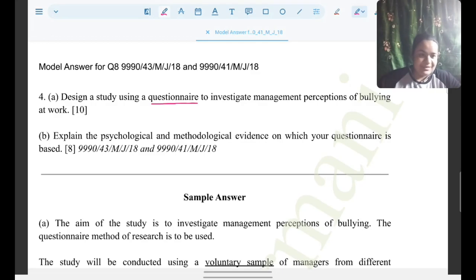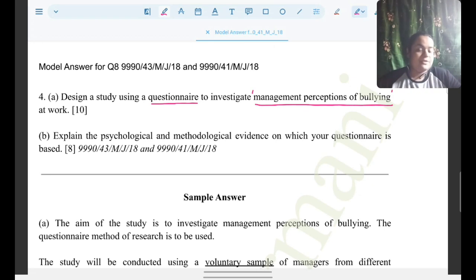And the moment you see questionnaire study, if you've been practicing well enough, you know how you need to structure your answer. The next thing, like I told you, you need to focus on is the topic on which you need to design your study. Here the topic is management perceptions of bullying.